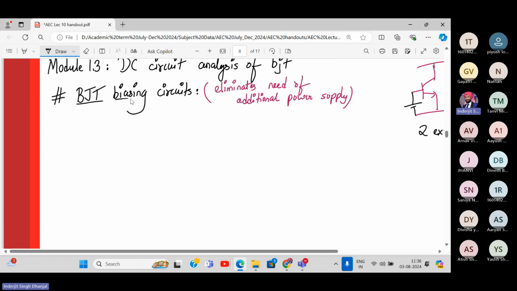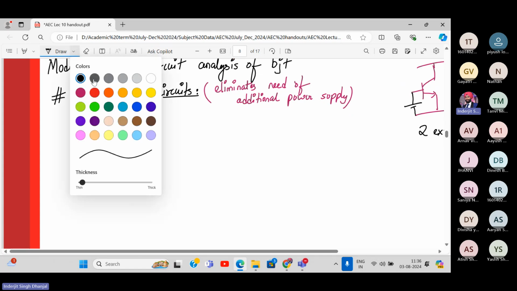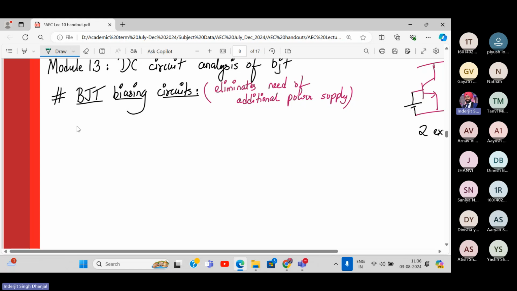So what are the types of BJT biasing circuits? Let's write down the types. Number one, fixed bias circuit. In the fixed bias circuit, we have one more category, fixed bias with emitter resistor, which is also called emitter bias.